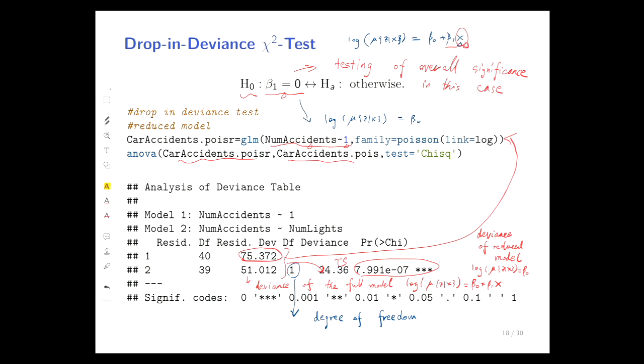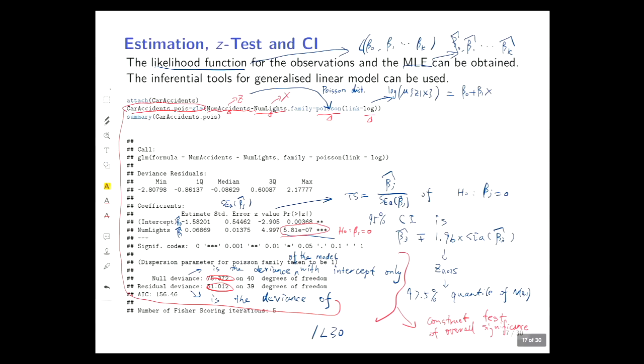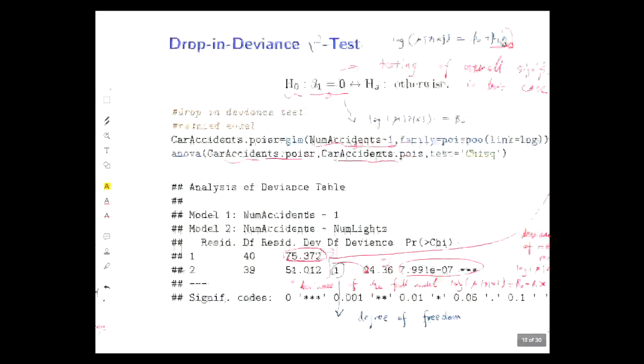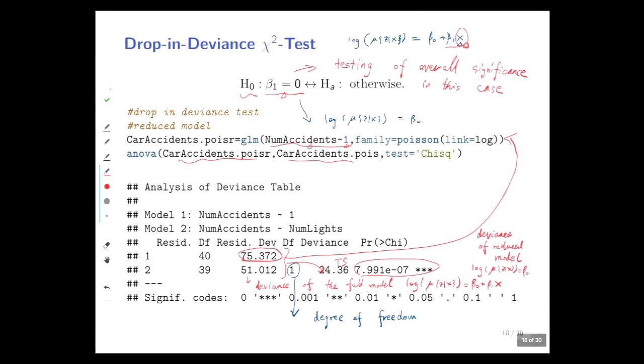But if we have two explanatory variables, so for instance, log mu z given x equals beta 0 plus beta 1 x1 plus beta 2 x2, in this case we will have the testing of overall significance.